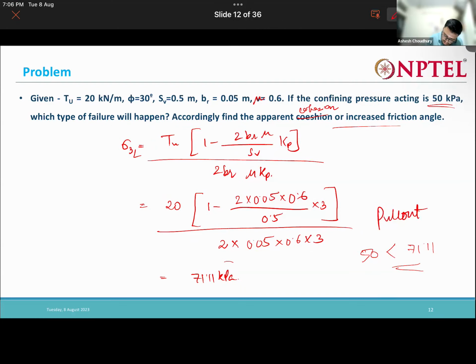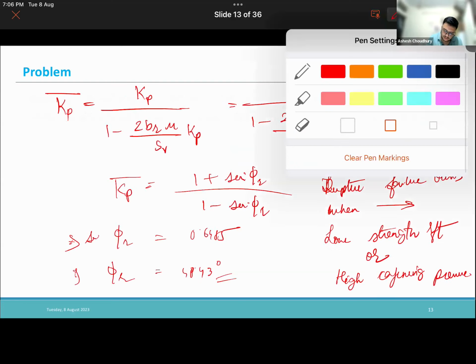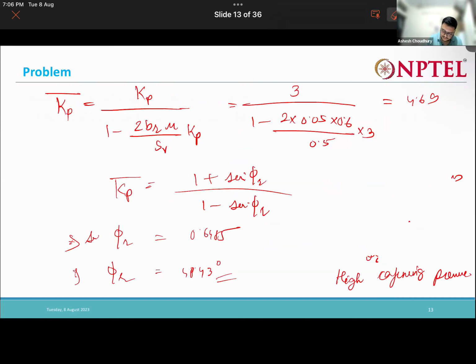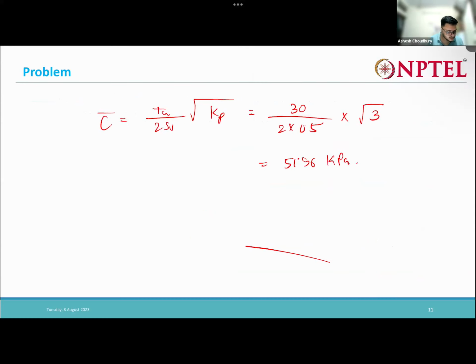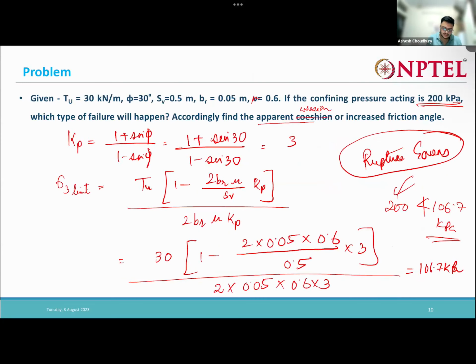So at high confining pressures, and for lower strength of reinforcement, we are having rupture.